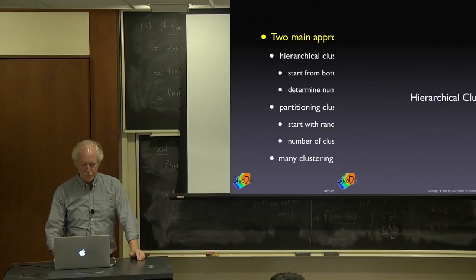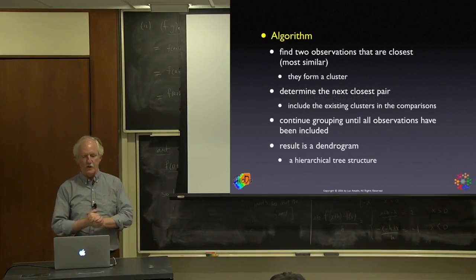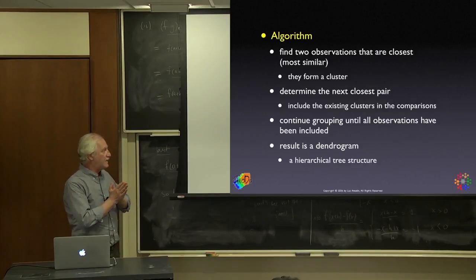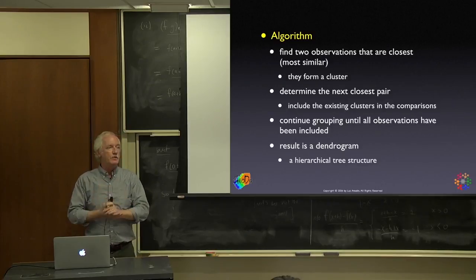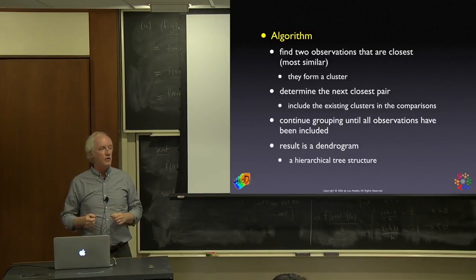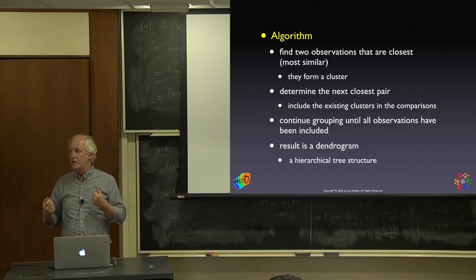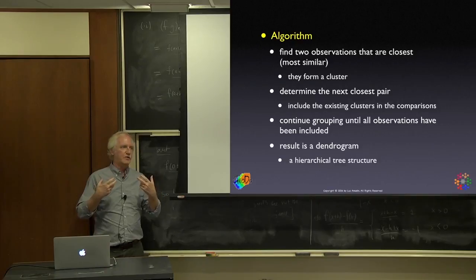It's a huge literature. So just to set the stage, hierarchical clustering, the algorithm, as I said, is very simple. You pick the two that are closest, and then you take the next two that are closest. Now, the tricky part is that you have to define what you mean by closest.